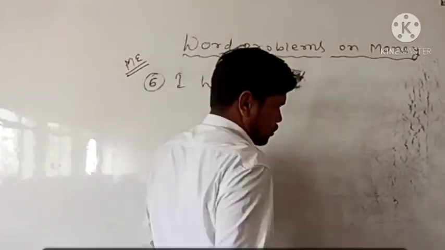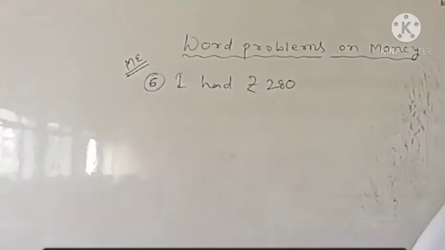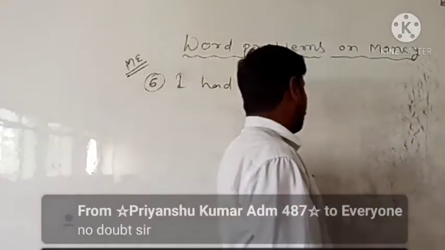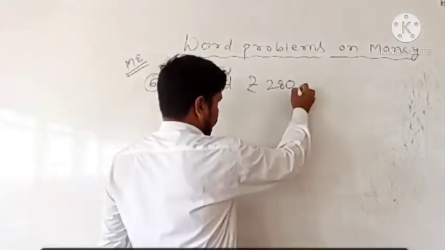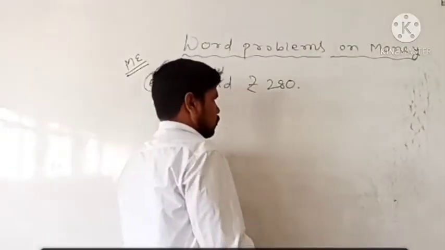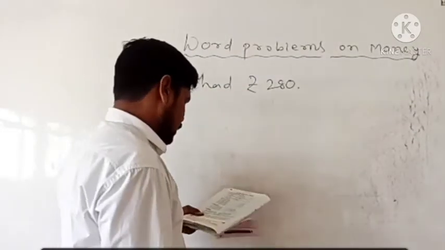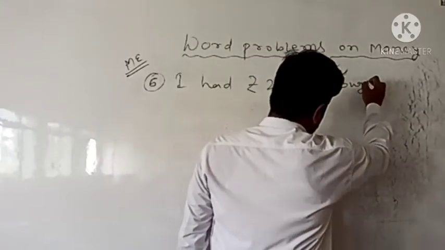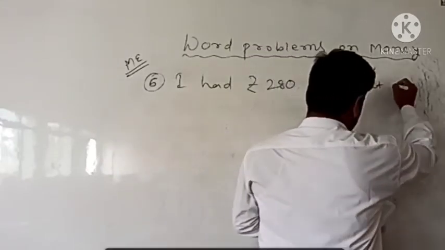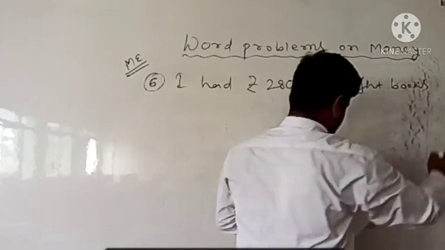So मेरे पास 280 rupees है. I bought books for this much. After then, मेरे पास वो 280 rupees थे, उसके बाद हमने क्या किया? बुक्स खरीदा. So I bought books. मैंने बुक्स खरीदा कितना का?